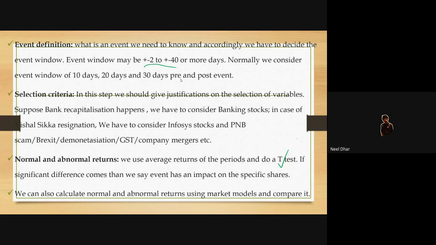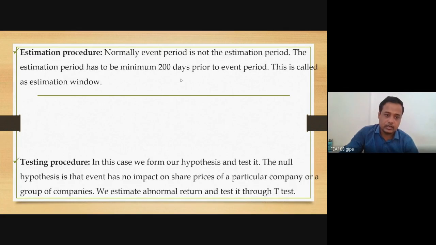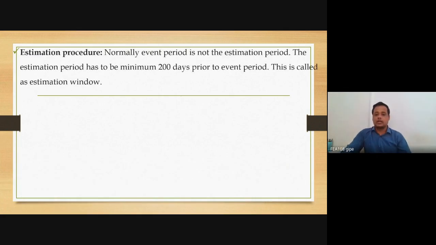Okay. So in the estimation procedure, we decide 200 or 240 or 250 days before the event period. So if this is the event and I am taking minus 10 to plus 10, now my estimation period will start from here, not from the event day.